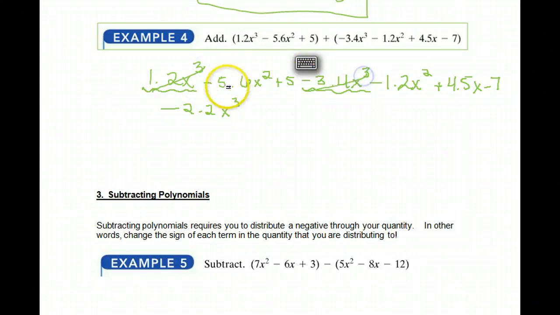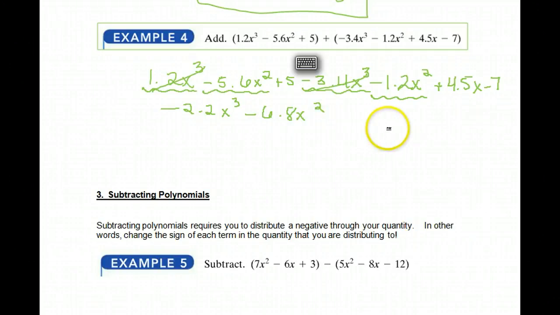Cross those out. We have negative 5.6x squared, negative 1.2x squared. So we have negative 5.6 minus negative 1.2, and that is going to give us negative 4.8x squared. Cross those out so that we know that we have used them. Keeping with descending order, we are next going to look for any x term.